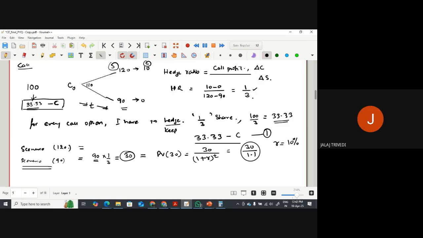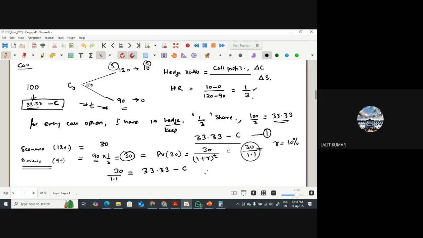In both scenarios your value will come to 30 only, if you are risk-free. Now you equate this 30 over 1.1 with 33.33 minus C.